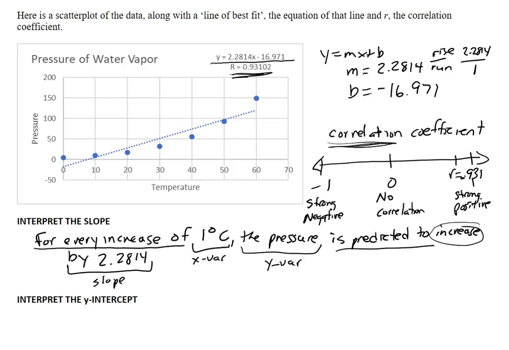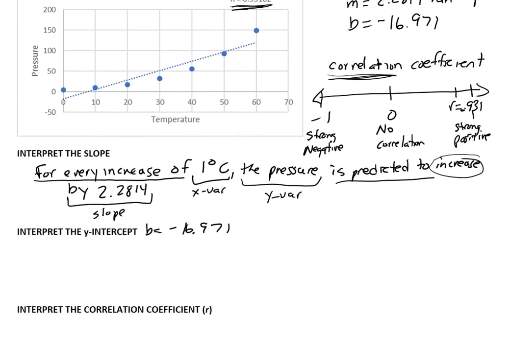Now the y-intercept, b, is negative 16.971. That's also done exactly the same way every time. And it's done like this.